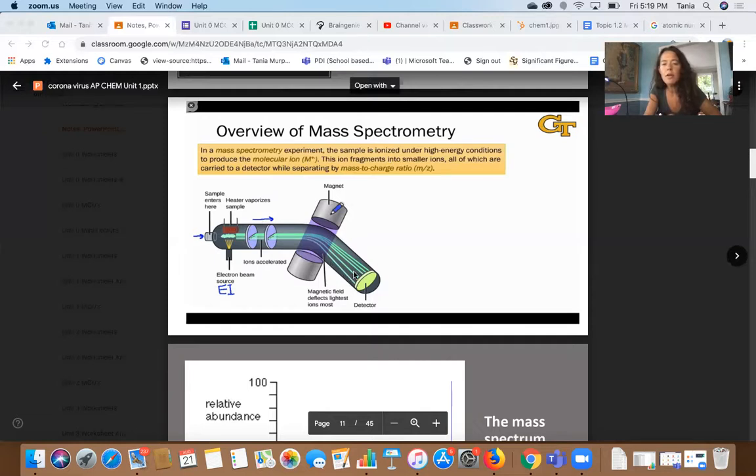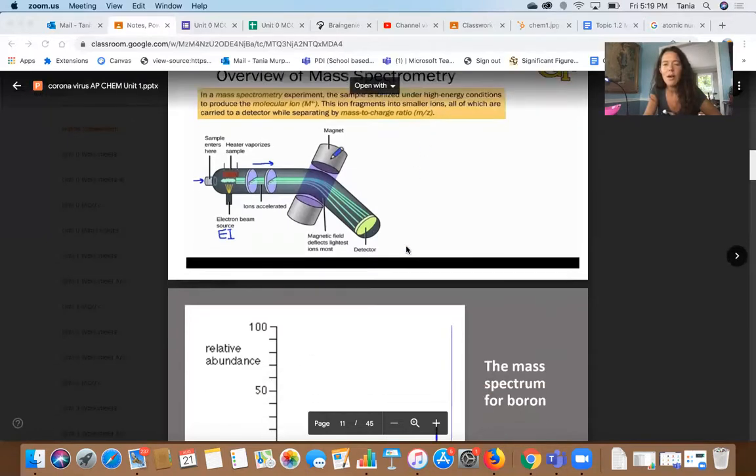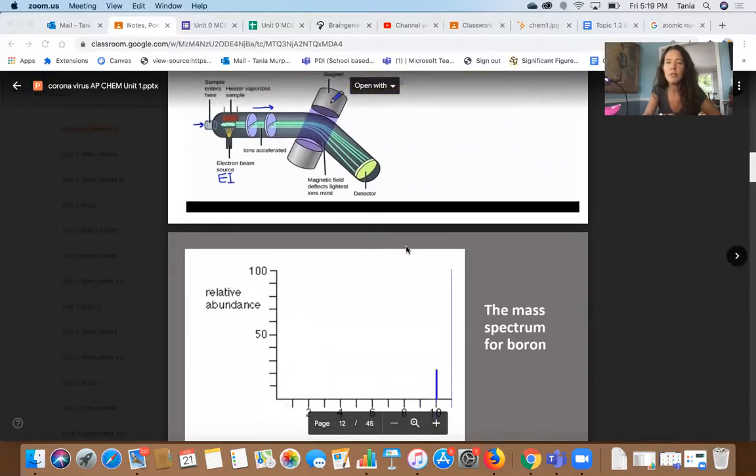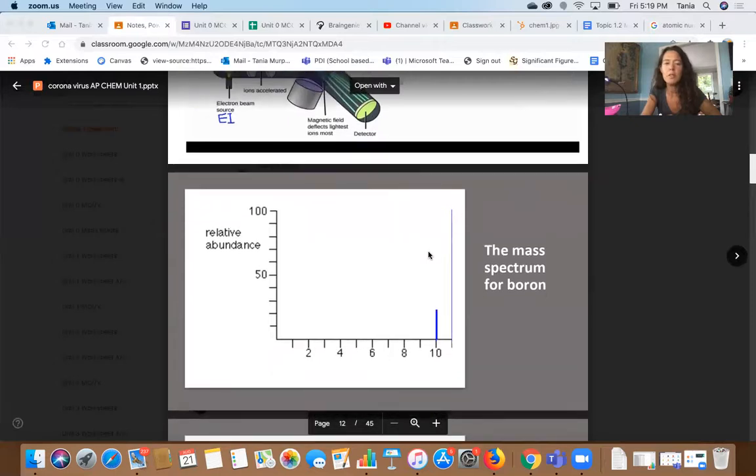All the different particles hit here. We can use the angles to determine the mass to charge ratio, but we do not have to do that. So that's left to people above us. Not above, but different coursework, not what we're looking into.